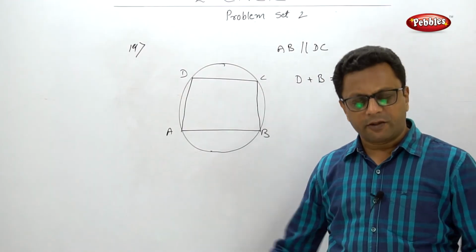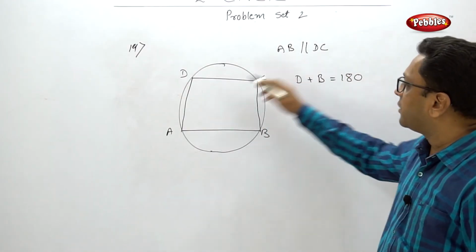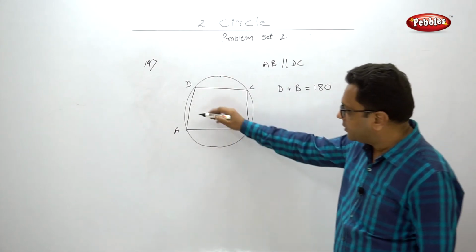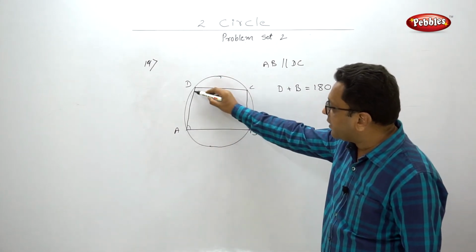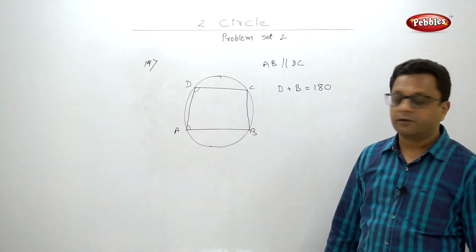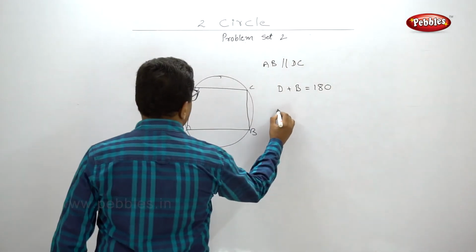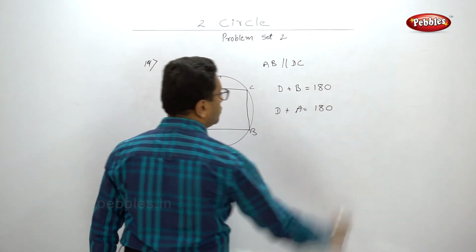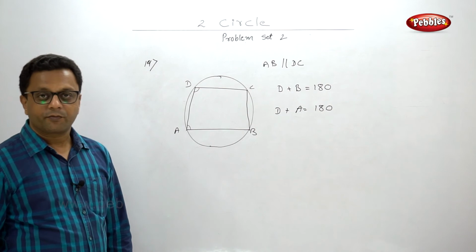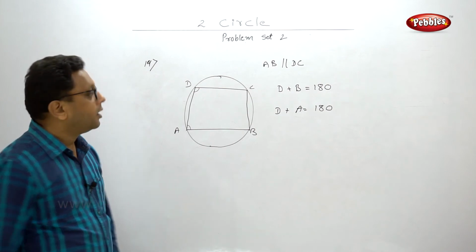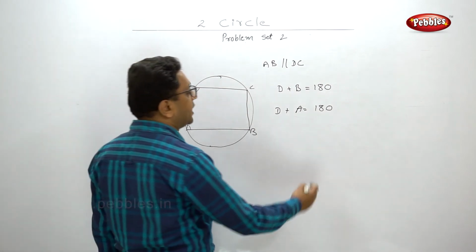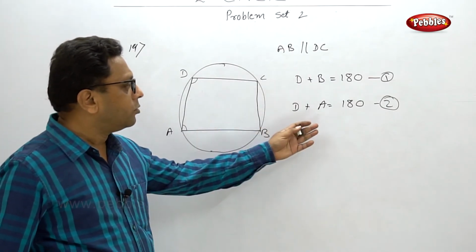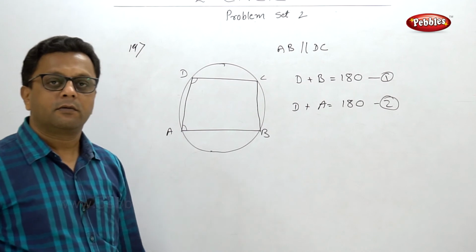Now it is already given it is a trapezium, that means AB is parallel to DC and AD is a transversal, and hence interior angles are also supplementary. So angle D plus angle A is also equal to 180 degrees. Correct?